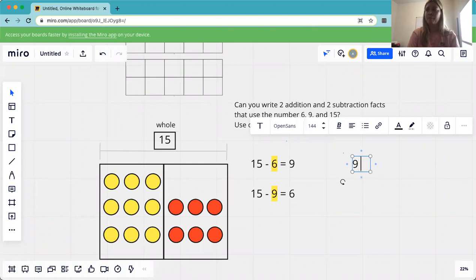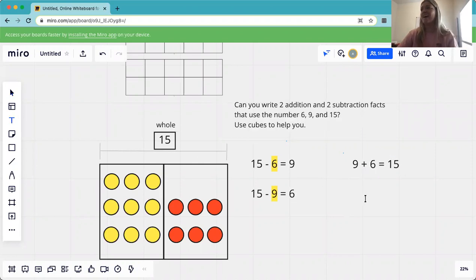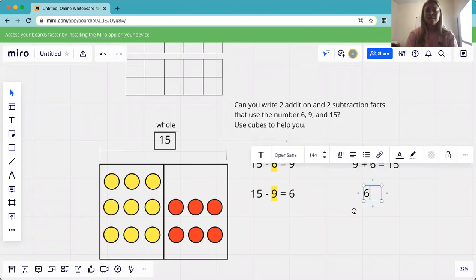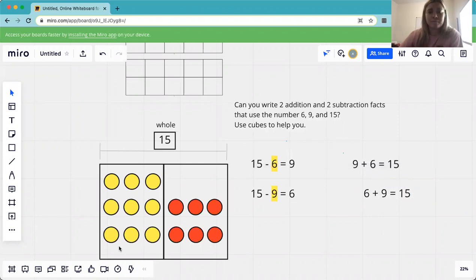9 plus 6 equals 15. Then I also have 6 plus 9 equals 15. And over here with what we just went over, 15 minus 6 equals 9, and 15 minus 9 equals 6.